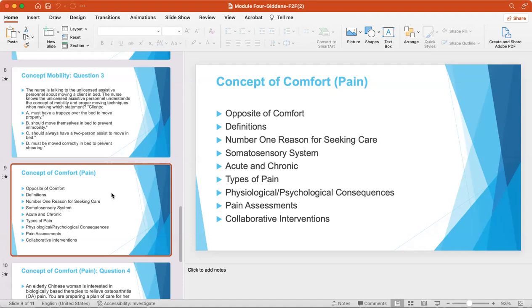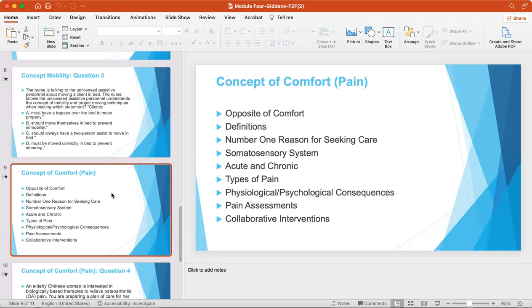All right, so the concept of pain, comfort or pain, is the ultimate responsibility for comfort, which is a more positive concept, right? That WCC has adopted.